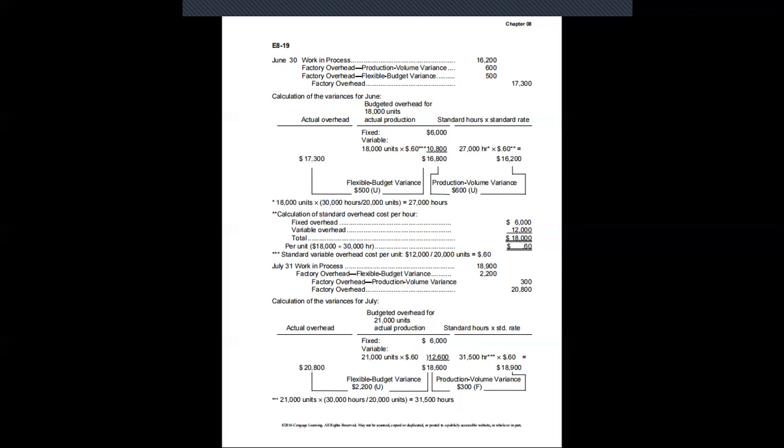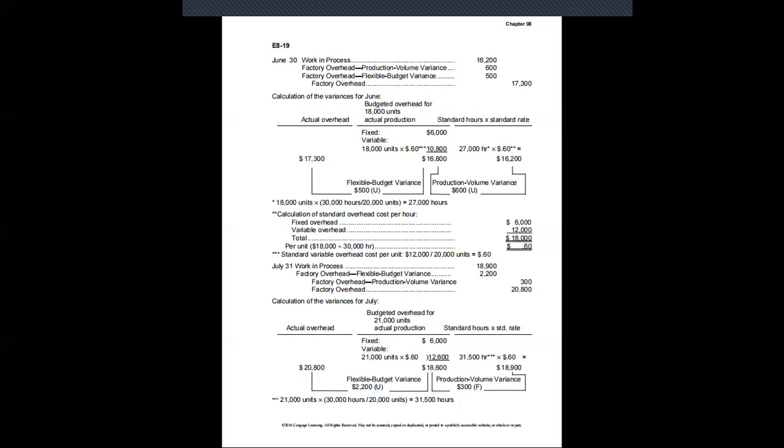Now we have the amount of 10,800 added to 6,000, or 16,800. So we have our flexible budget variance, the difference between 17,300 and 16,800. So we have the amount of the variance, which is unfavorable, equal to 500.